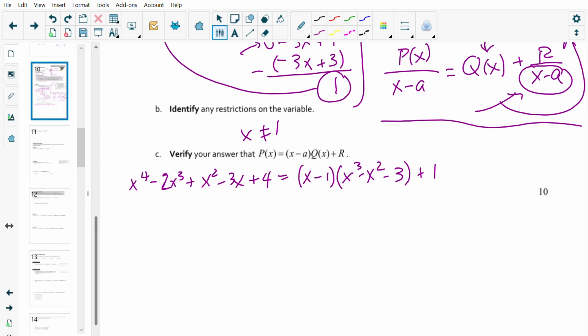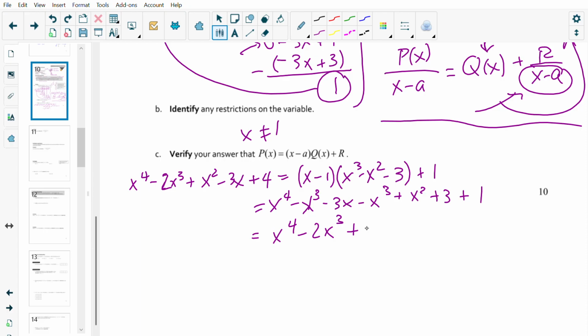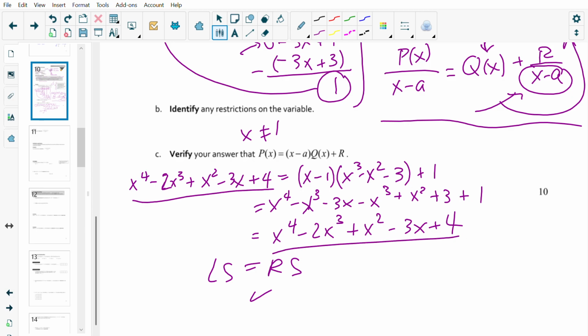This is grade 10 review, just polynomial multiplication. Left side equals right side. Done.